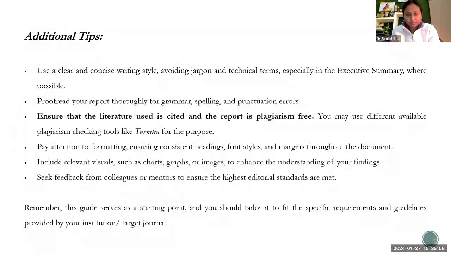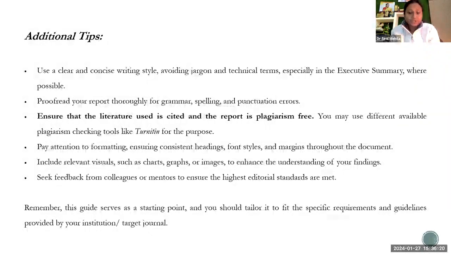Use a clear and concise writing style as much as possible. Proofread your report thoroughly for grammar, spelling, and punctuation errors. Clear, simple writing is sufficient. You don't need flowery language, but if you have it, you may utilize it to the best of your abilities.